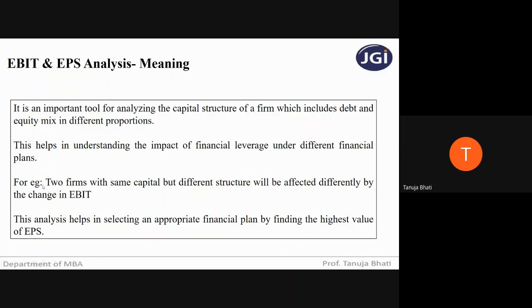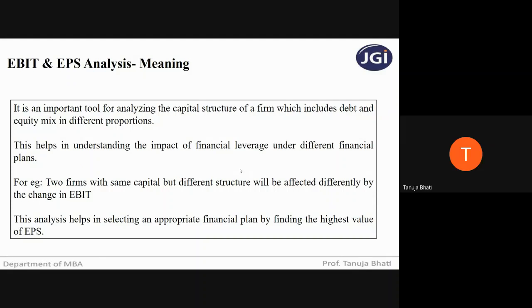So for example, two firms with the same capital but different structure. Suppose both firms require a capital of 20 lakh rupees. There is a firm A, there is a firm B, and both require the same capital of 20 lakh rupees, but firm A is raising the 20 lakhs only through equity, and firm B is raising that 20 lakhs by issuing equity of 10 lakhs and debentures of 10 lakhs.